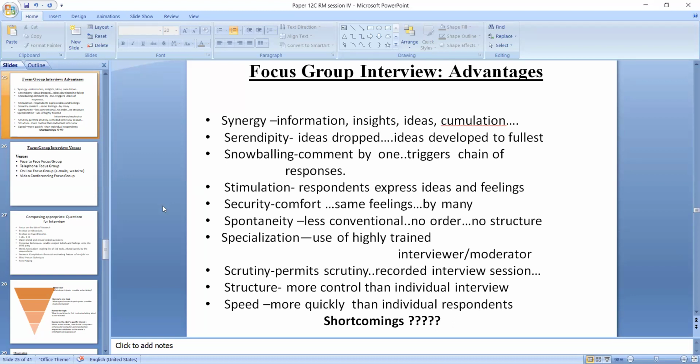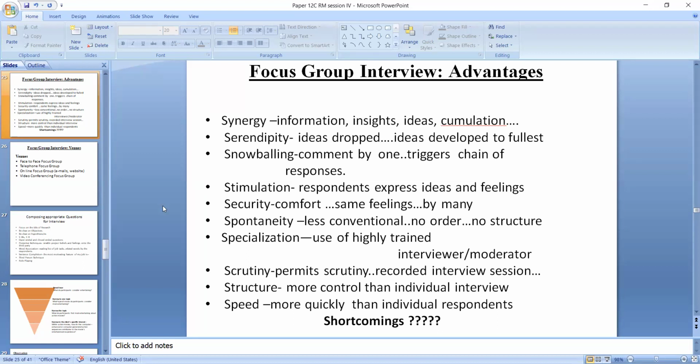So snowballing. Then stimulation, respondents go on expressing. They may not have imagined that they will explore and express, but it happens. Security, comfort: it is obviously your responsibility as a researcher or moderator to create that atmosphere of safety and comfort, that the data and all the information will be used for academic purposes only, and you are not interested in their names and all that.